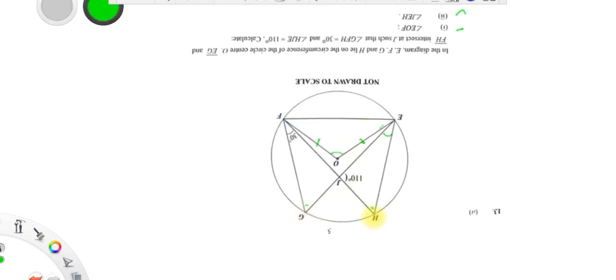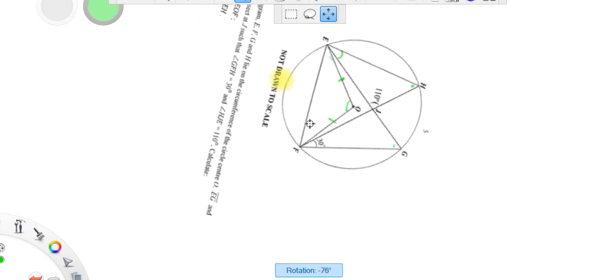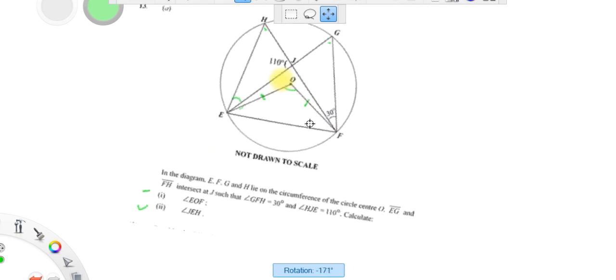This arc HG is forming this angle at the circumference, and it is forming the same angle at the circumference. So this angle must be equal to this angle. This angle is 30 degrees. So in fact, we have already finished solving one of the questions.